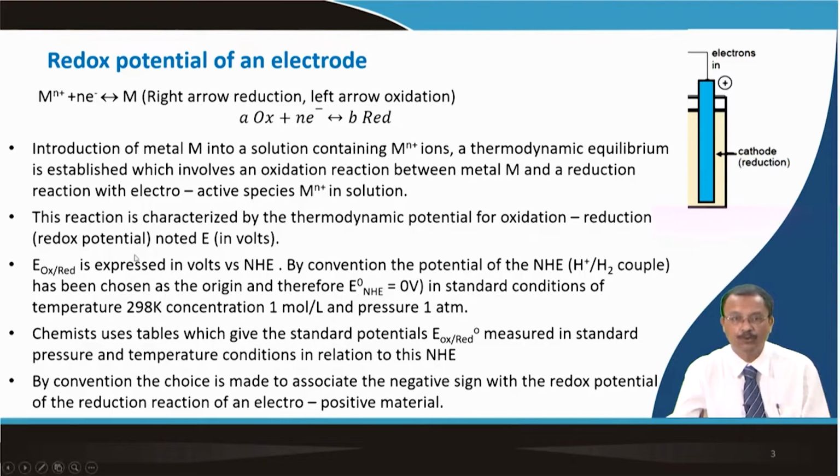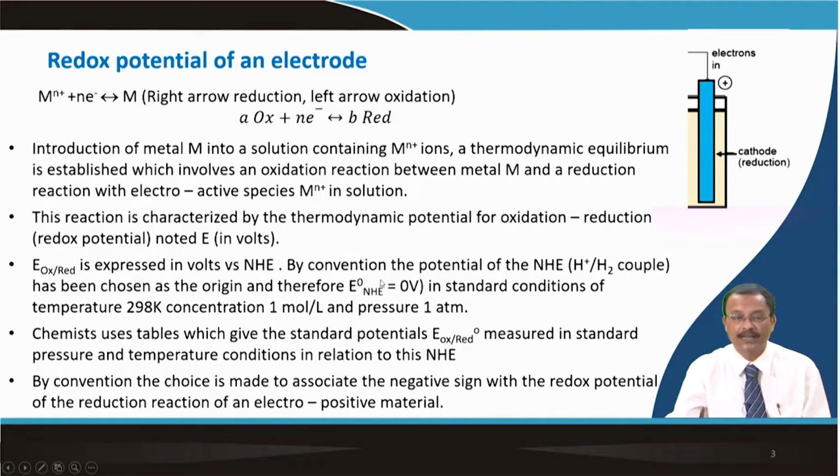Therefore, this voltage under standard condition, that means temperature has to be maintained at 298 Kelvin, concentration is 1 mole per liter and pressure is 1 atmosphere. So, we call this a standard condition.